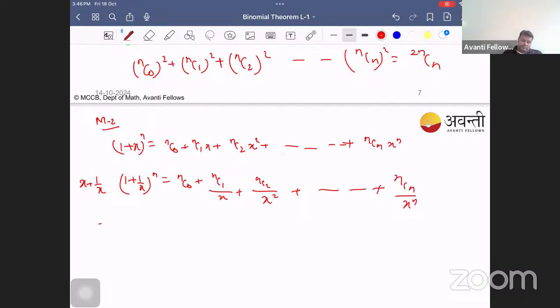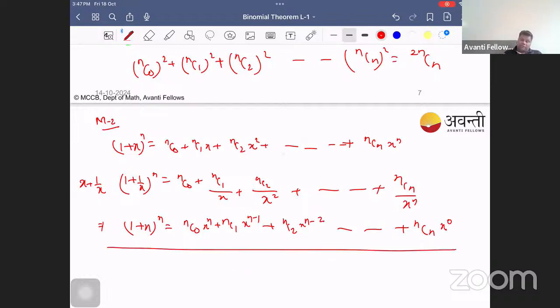Now multiply the entire equation by x to the power n. So (1 plus x) to the power n is nC0 x to the power n, nC1 x to the power n minus 1, nC2 x to the power n minus 2, and so on, nCn x to the power 0, while you multiply by x to the power n.